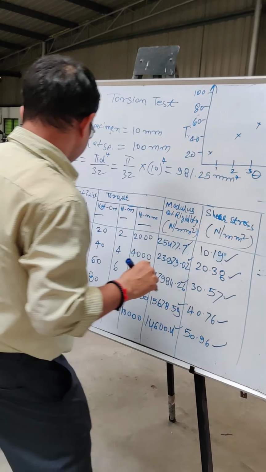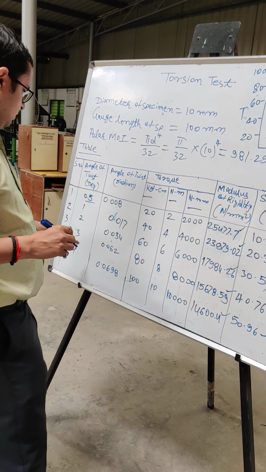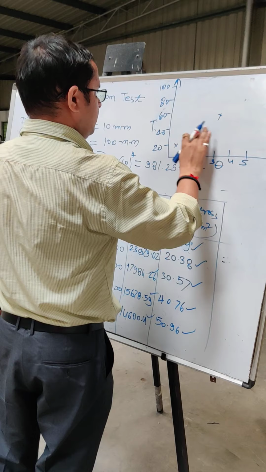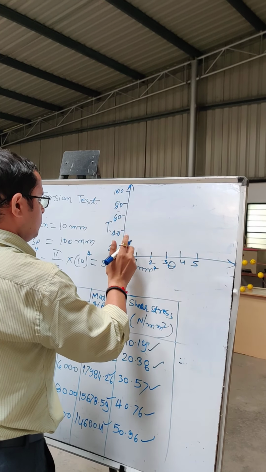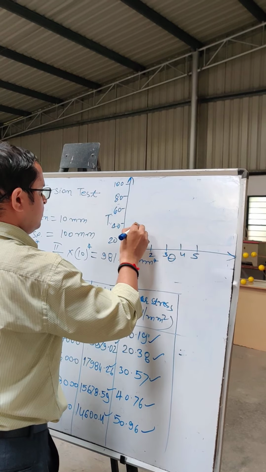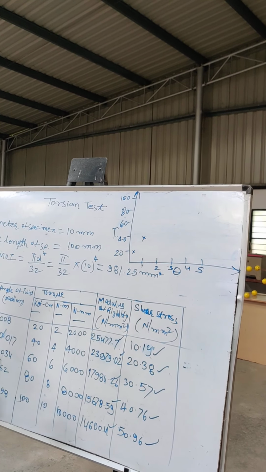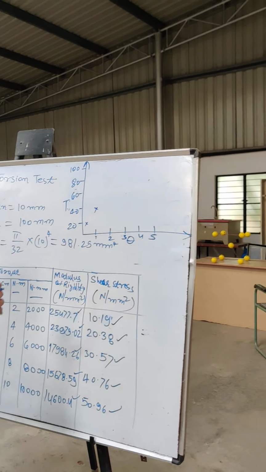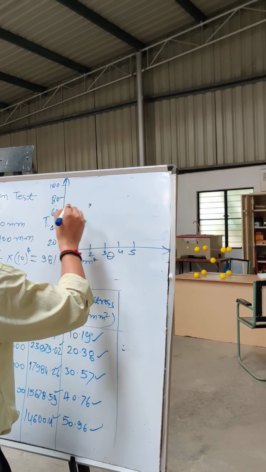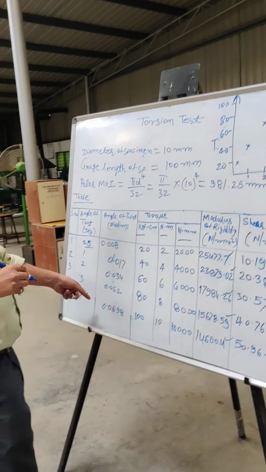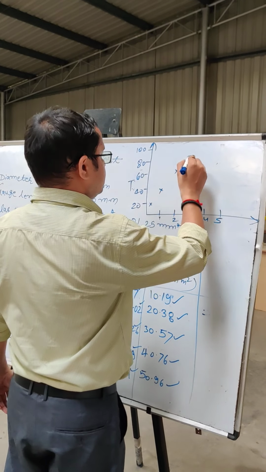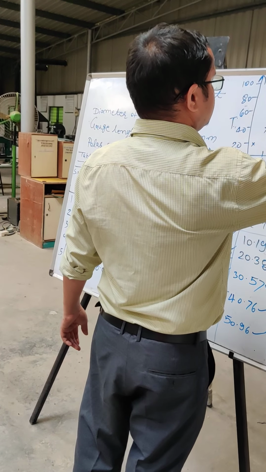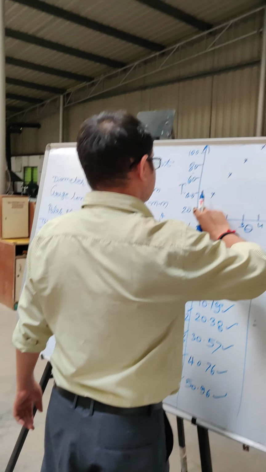At 20 it is 0.5, at 40 it is 1, at 60 it is 2 degrees. So 60 is 2, and 80 is 3. So 80 is here, and 100 at 4. So 100 is here.